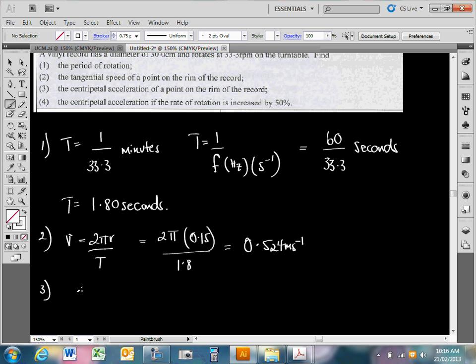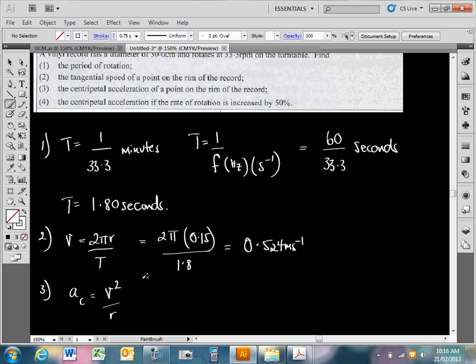Centripetal acceleration, what does that look like? We know that that's A sub C, and it's equal to V squared over R. Notice I'm writing the formula that I think I'm going to use for this problem before I do the problem. We know our V, and we've got our units correct, meters per second.